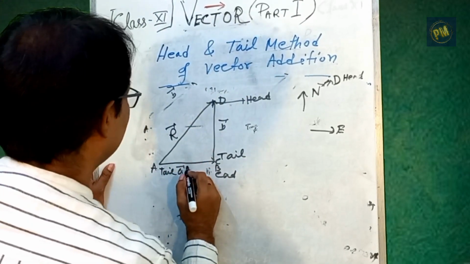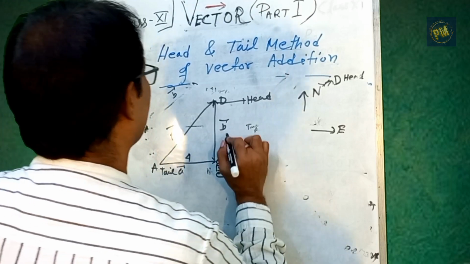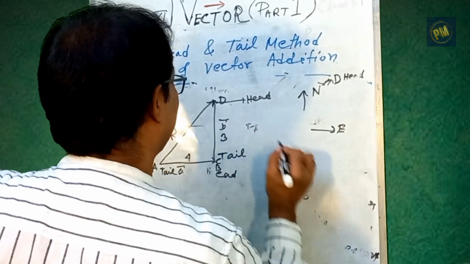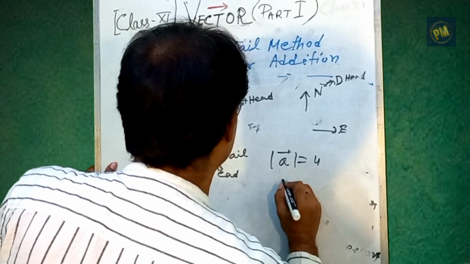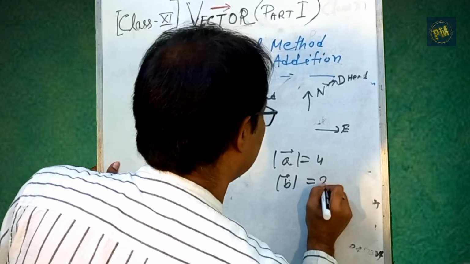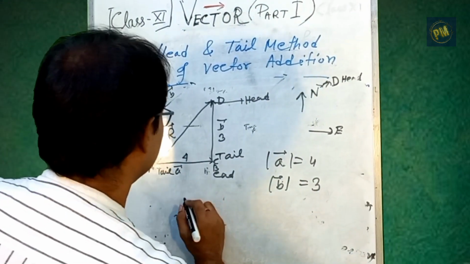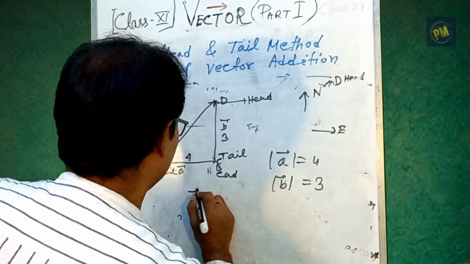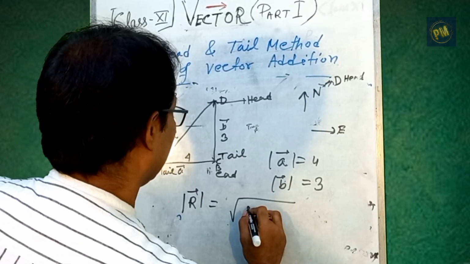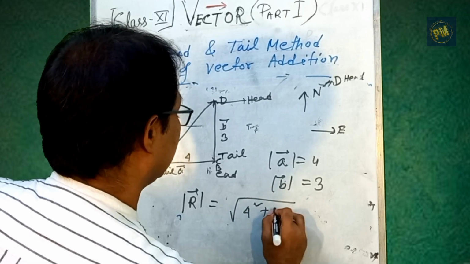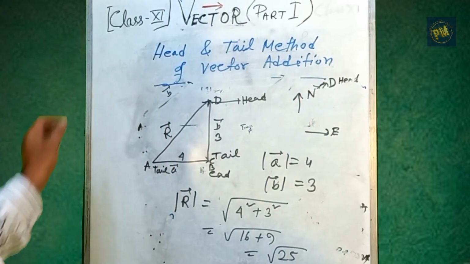Here if the magnitude of A is 4 and the magnitude of B is 3, then by the Pythagoras theorem, the value of R is equal to root over 4 square plus 3 square, that is 5.